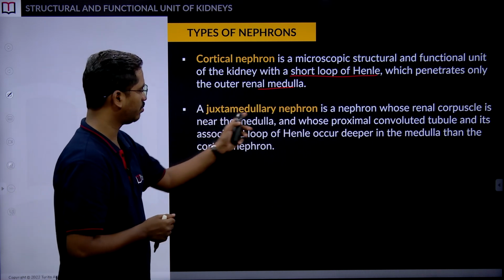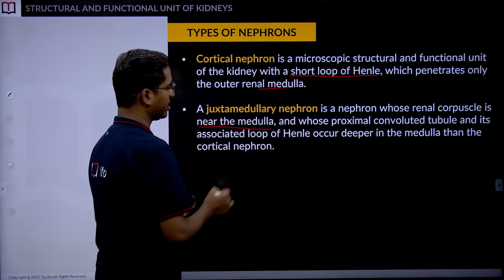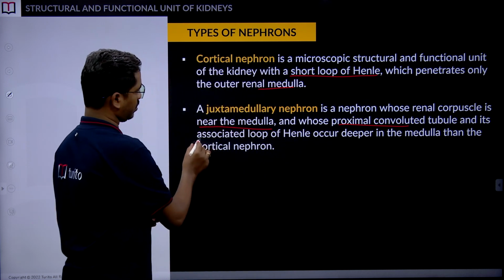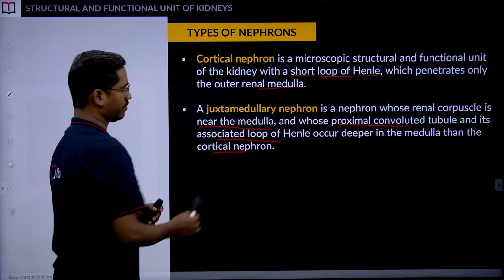Next one is juxtamedullary nephron. Okay. Here the renal corpuscle is near the medulla and whose proximal convoluted tubule and associated loop occur deeper into the medulla than the cortical nephrons.